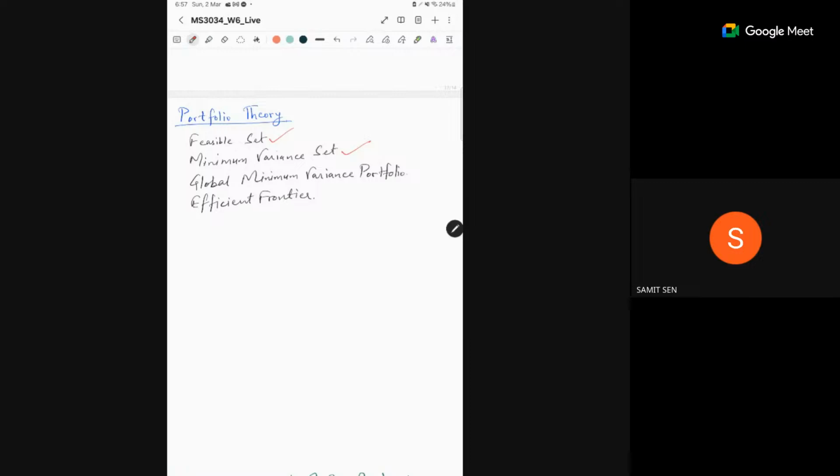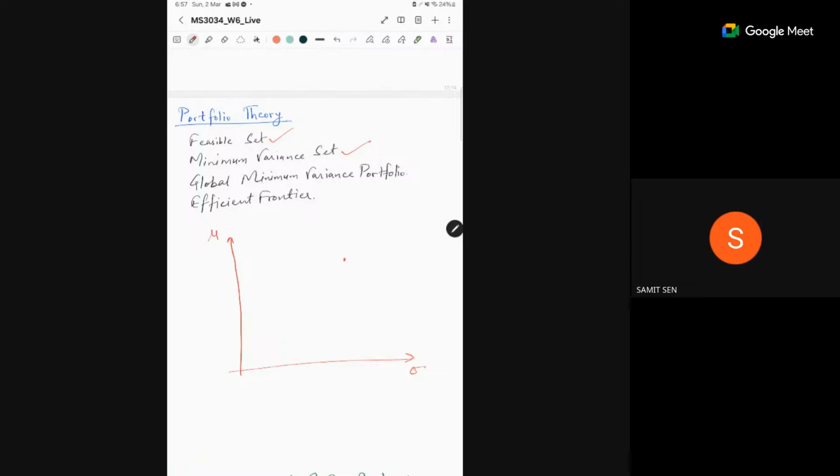Okay, so now, as we discussed, we will be doing our analysis in standard deviation and mean coordinates. Now let's suppose you have 2 assets.